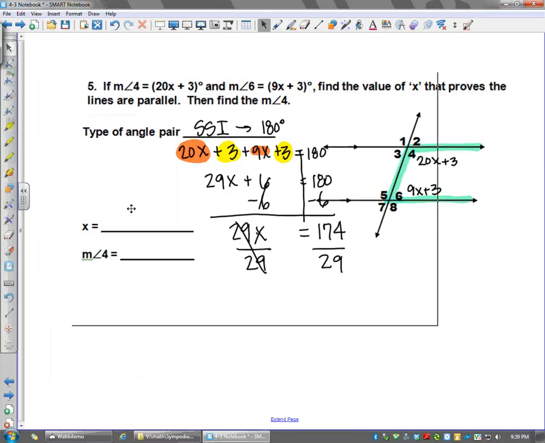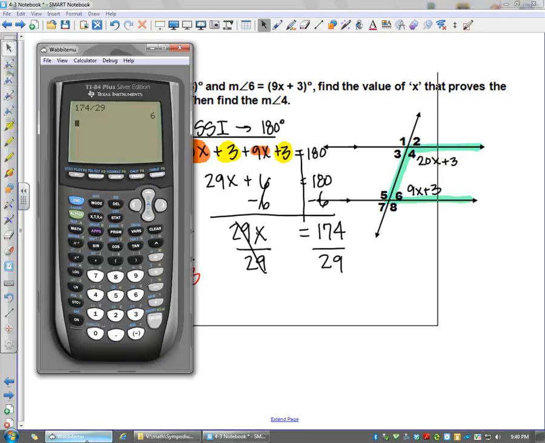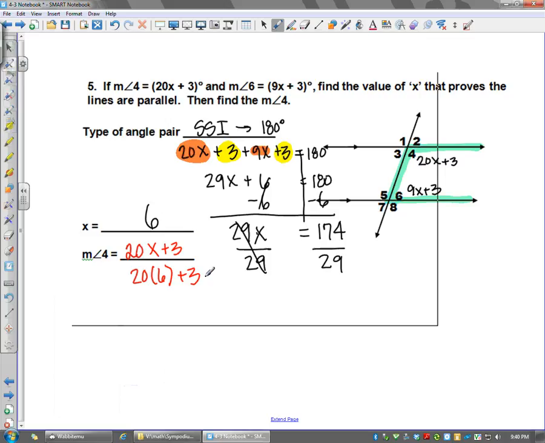So x is equal to 6. Now, if I want to find angle 4, all I have to do is plug in. Angle 4 is equal to 20x plus 3, so I'm going to do 20 times 6 plus 3. I'm going to get 123. So angle 4 is 123 degrees.